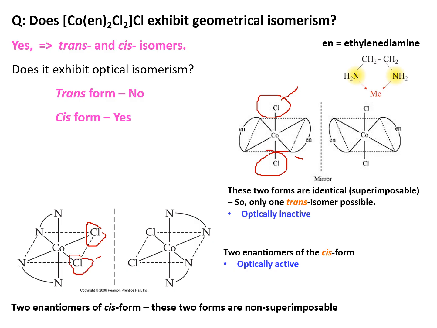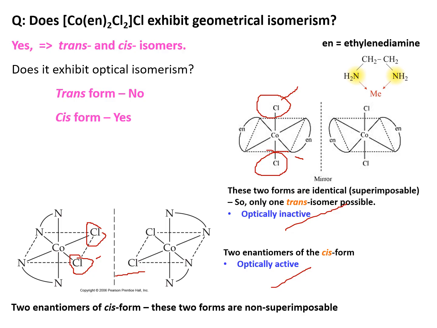Apparently they seem identical, but let's do the superimposability test. If we take a mirror, make the mirror image molecule, and try to superimpose it over this one, we can see both molecules are not at all identical. So this cis isomer is optically active, but our trans isomer is optically inactive.